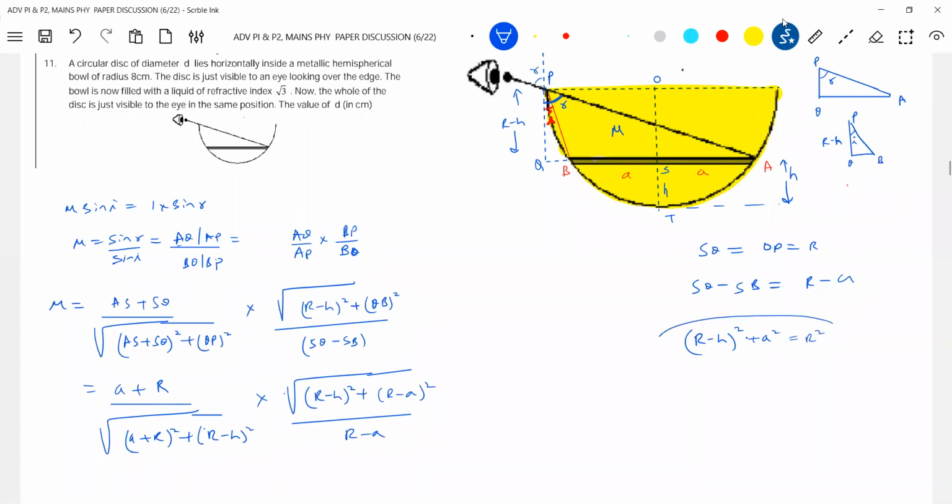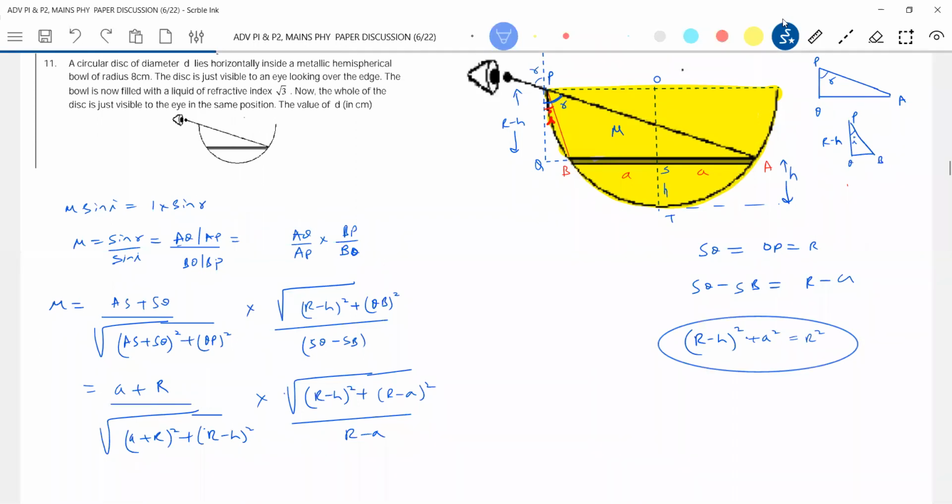From where am I bringing this equation? The equation which I'm taking to simplify. So we have QS is R, no?